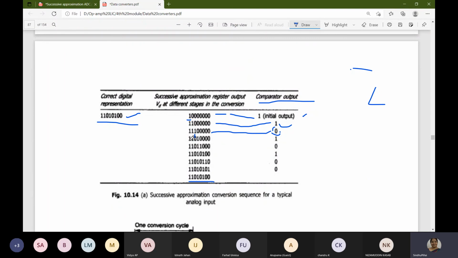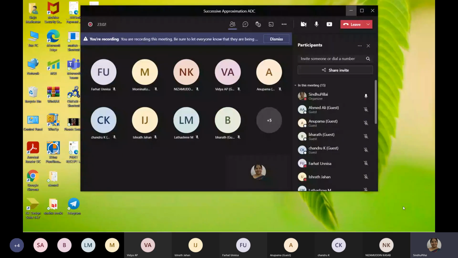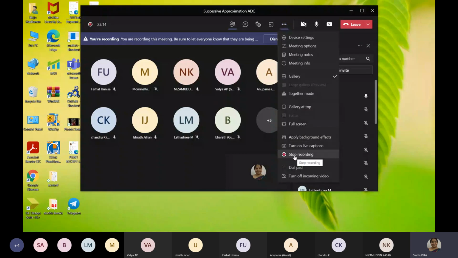The next bit, Q7, Q6, Q5, Q4, will be set, and as usual the process will continue till the required digital output is got. This is one of the ADCs that is used, and it is very fast and the resolution is very high. In only 8 clock pulses the complete conversion will be done. Hope you have understood. Thank you.